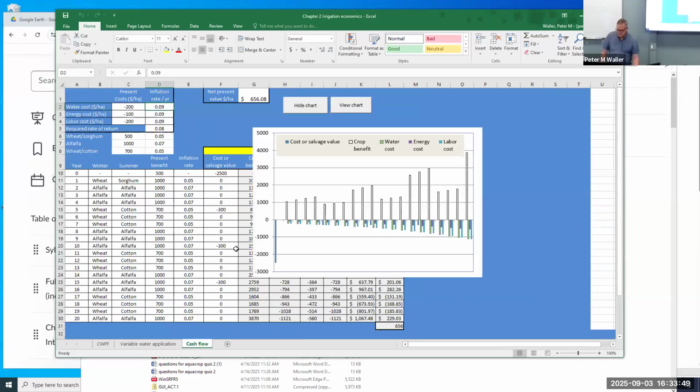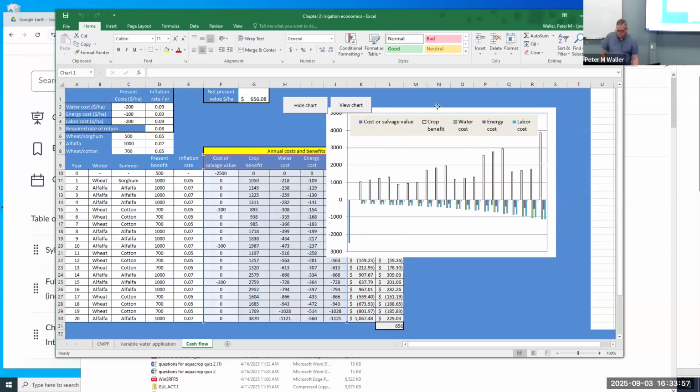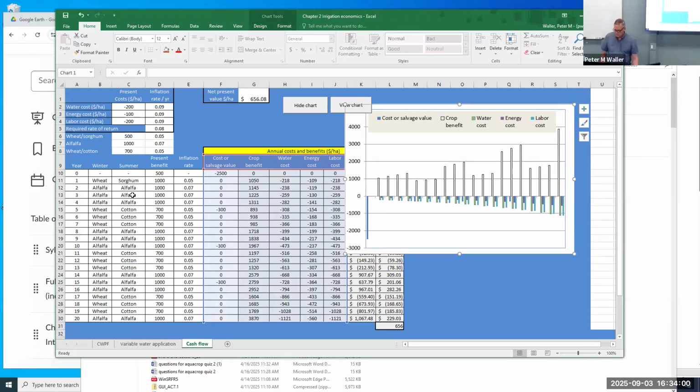And now here's my cash flow diagram. What I've done here is I have a crop rotation between alfalfa and cotton.